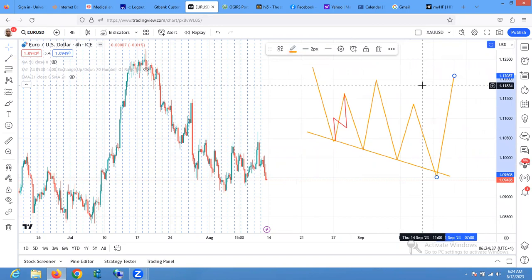That can happen. And when this happens, all you have to tell yourself is, this is not a triangle anymore. Because if it is a triangle, A, B, C, D, E, this should just continue to go, and this one has to turn up again. Then it's not a triangle anymore.